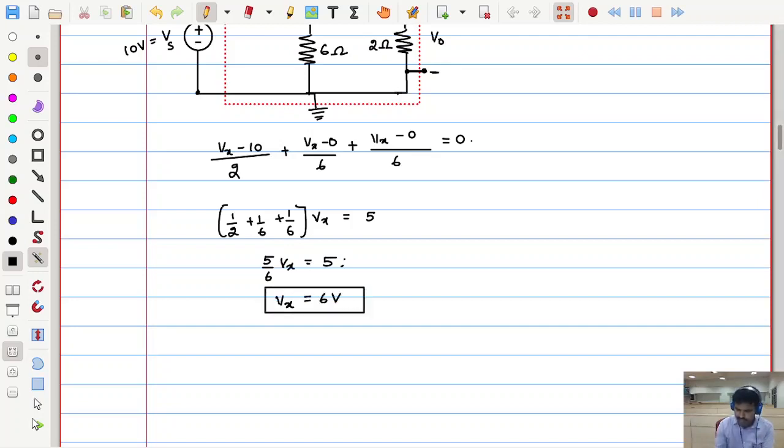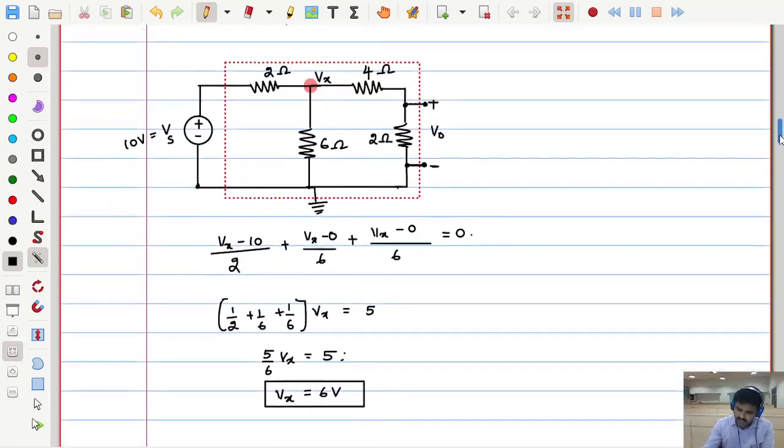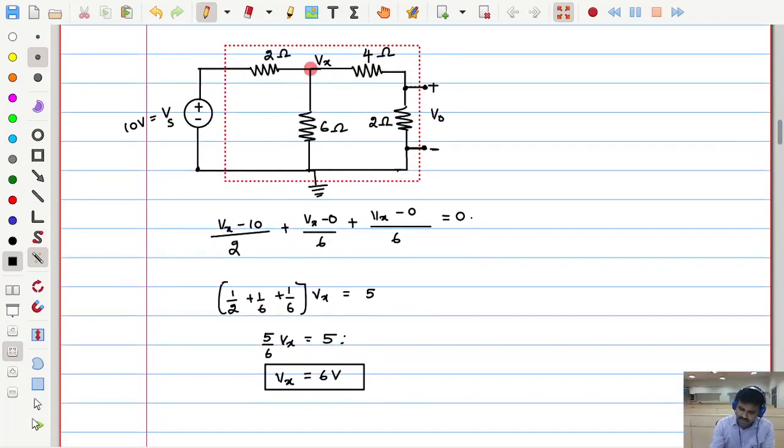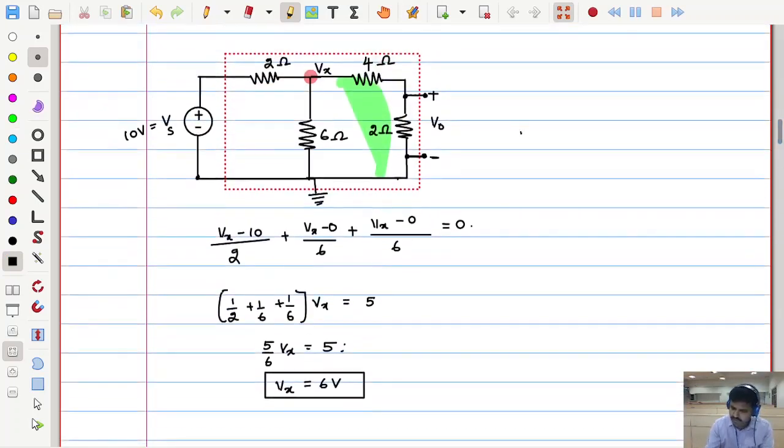Now once you get Vx, you can apply the voltage division rule to get this V0. See, this entire branch voltage is Vx. So V0 is equal to the total voltage across that entire branch into 2 divided by 2 plus 4.